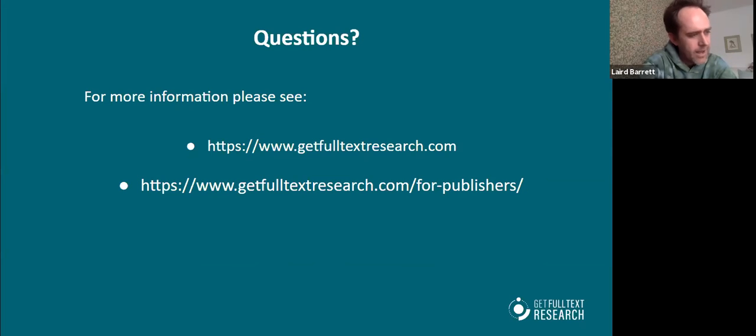At least in our first cut of solving that, what we would imagine is that when the call came through from the integrator for that piece of content, and if there was a participating aggregator, then GetFTR would make the call to both the aggregator and the publisher to say, "Hi, I have this user. Are they entitled to the piece of content on your website?" and get a response back. We've talked in this first cut about prioritizing the publisher's link.